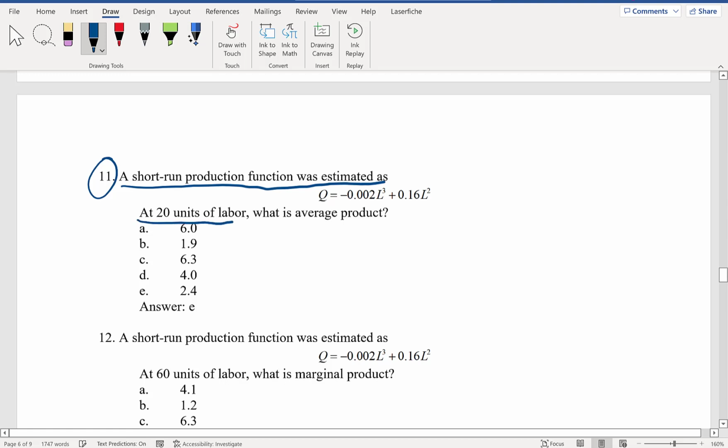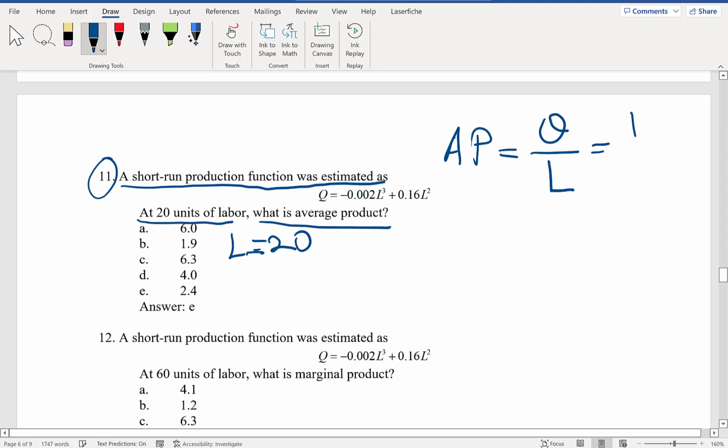At 20 units of labor, what is the average product? I'm going to use the information and plug this in at some point, but it's asking me average product. Average product is total product divided by labor. On average, how many are you producing per worker?